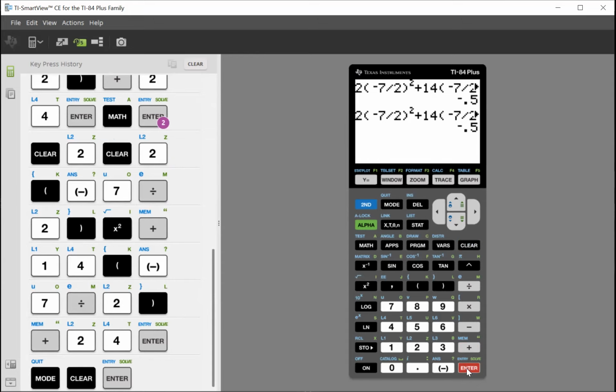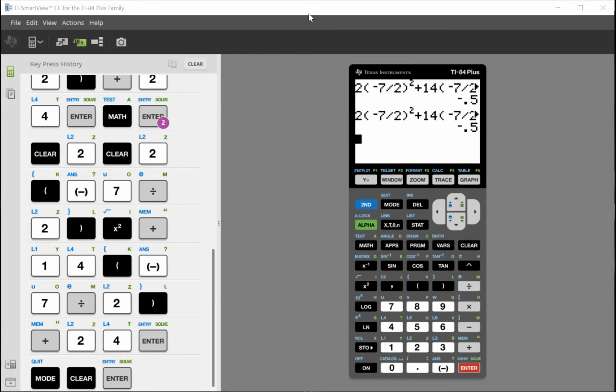Okay, now let me see. Okay, now I got it. So what was the deal? It wasn't on float. When it wasn't on float, it was trying to round it up, making that 0.5 into a 1. It was rounding it up on us. Got it. Ooh, okay, I didn't know.